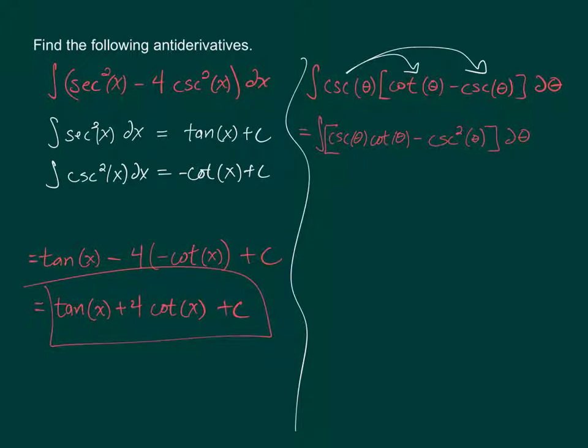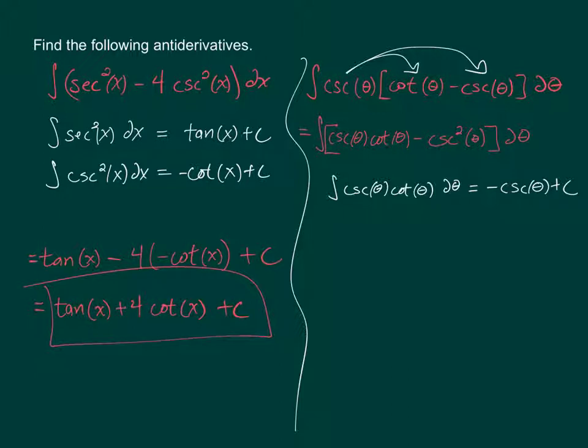From here, you should recall that the antiderivative of cosecant theta cotangent theta d theta is equal to negative cosecant theta plus c, and that the antiderivative for cosecant squared is over here already in this example.